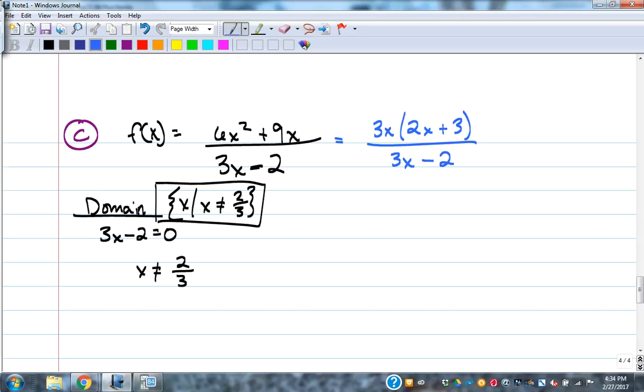Can I cancel this 3x and this 3x? Why not? Does the factor match perfectly? What's the factor at the top? It's 3x. The factor at the bottom is 3x minus 2. They don't match perfectly.